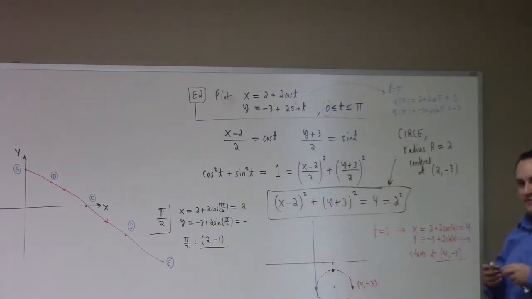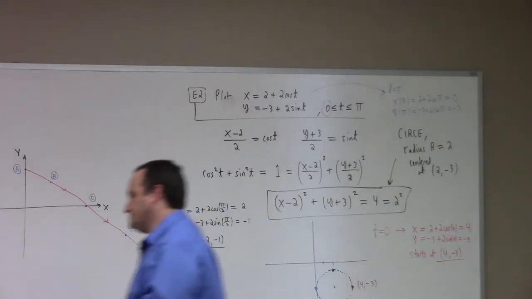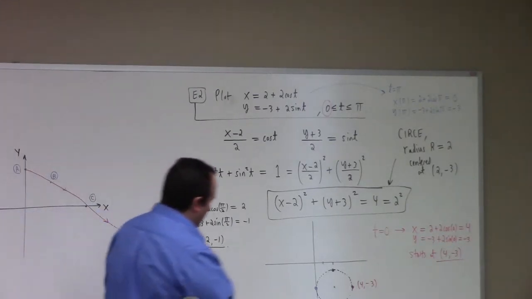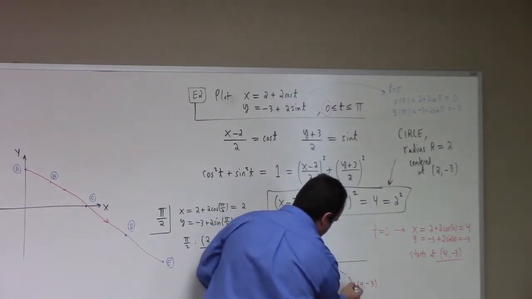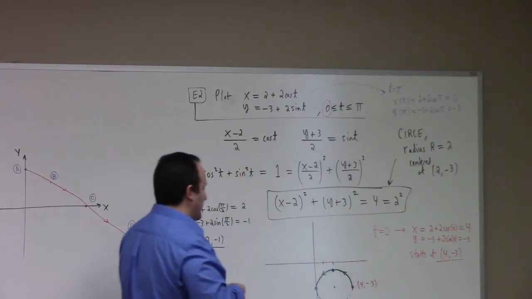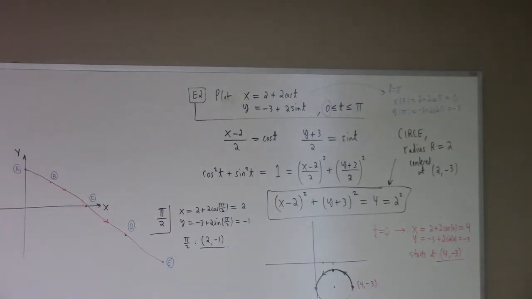So apparently it's the upper half, right? So the curve is in fact this guy. There's a plot of that path.